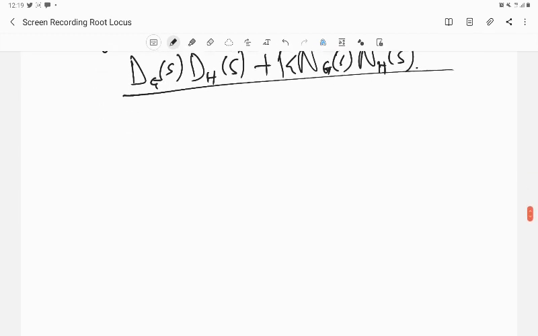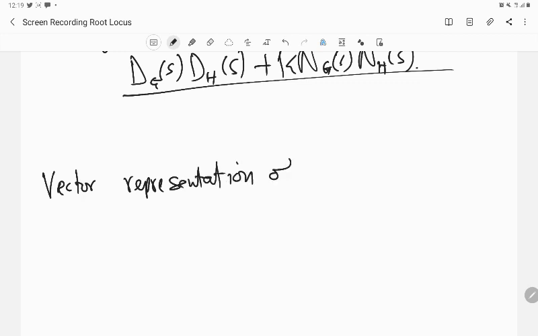The second concept that we want to understand, and this is very important because this concept actually is going to help us with everything else that we are going to deal with when it comes to root locus plotting and refining and even calibration, is complex numbers.